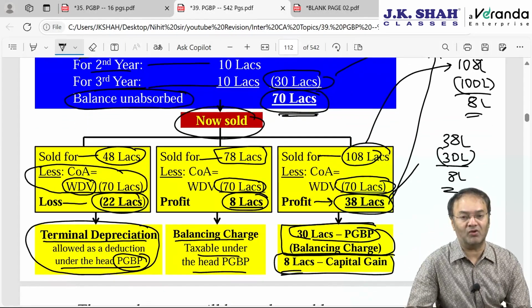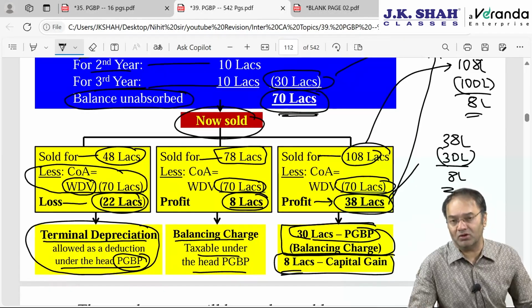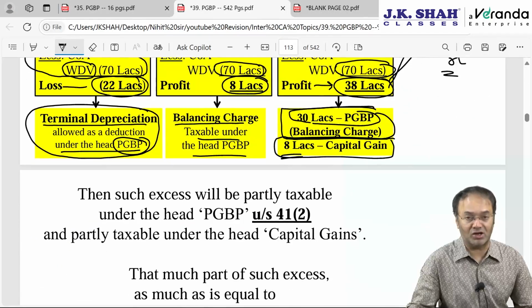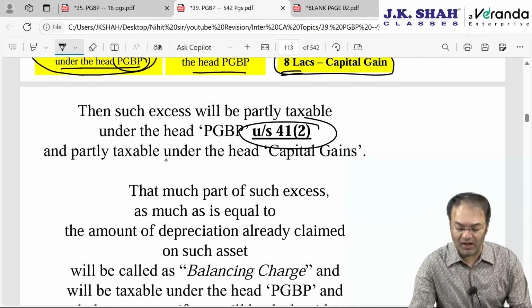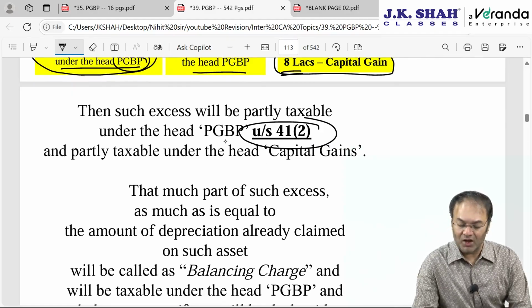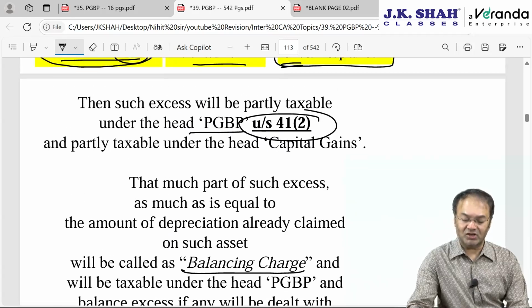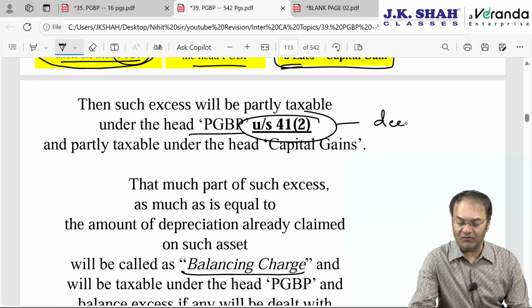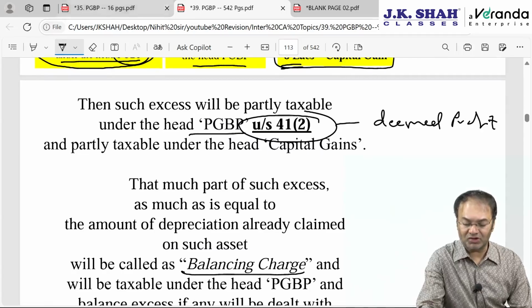The answer is 8 lakh. 8 lakh will go under the head capital gain, and up to 30 lakh rupees of profit will be taxable under the head PGBP under section 41(2) as balancing charge. Section 41(2) is nothing but deemed profit, which we will be discussing towards the end of the chapter when we are done with almost the entire chapter.